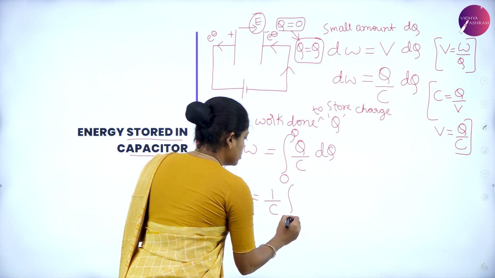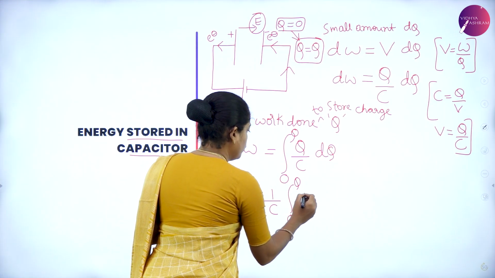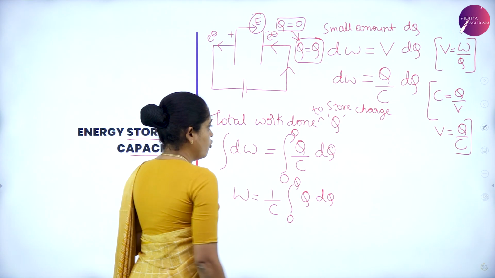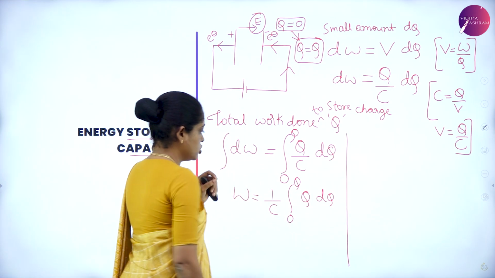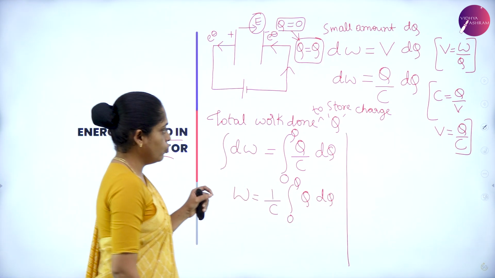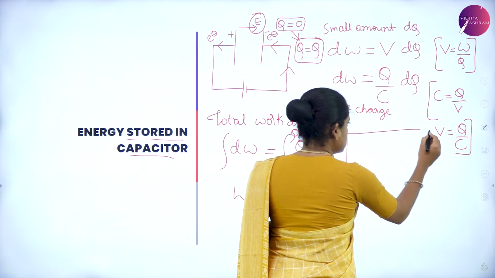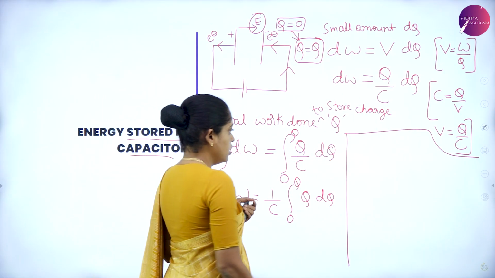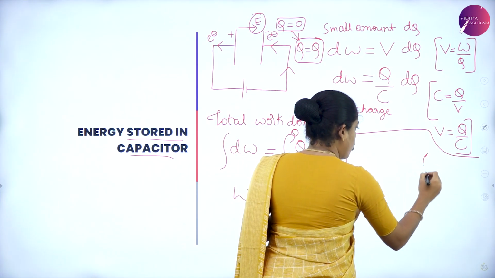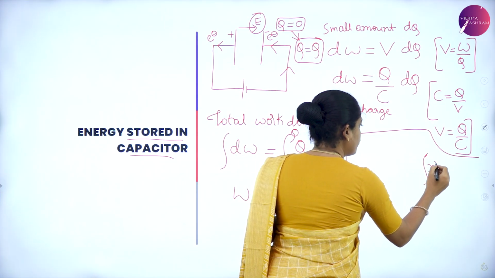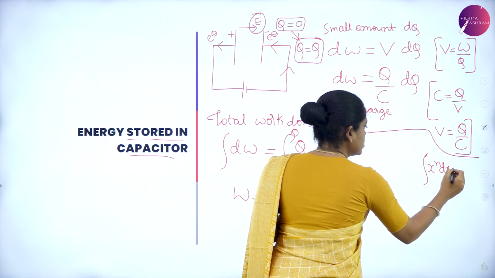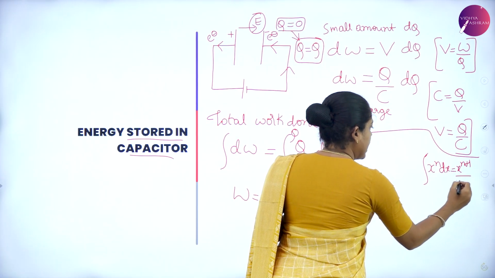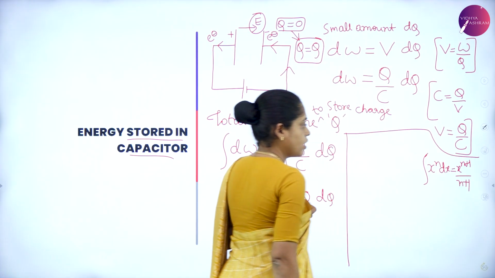Now integrate Q dQ from 0 to Q. What is the formula for the integration of Q dQ? You already know this, as we have used this in chapter 1. It is in the form of x to the power of n dx, which is equal to x to the power of n plus 1 by n plus 1.